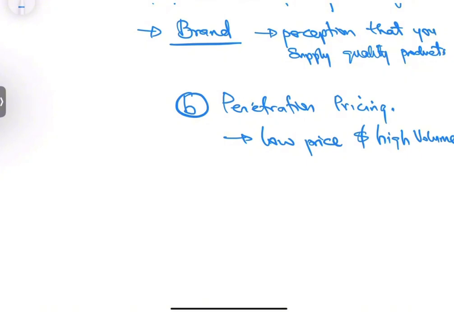Any question? But you will realize that there is a risk involved in this one, unlike the market skimming, because here we are producing so much volume, anticipating that the market will buy all the volumes for you to be profitable, because you're going to be pricing your products maybe at marginal cost. So if you are not able to sell enough quantity, you might not be profitable because you won't be able to cover your fixed cost.